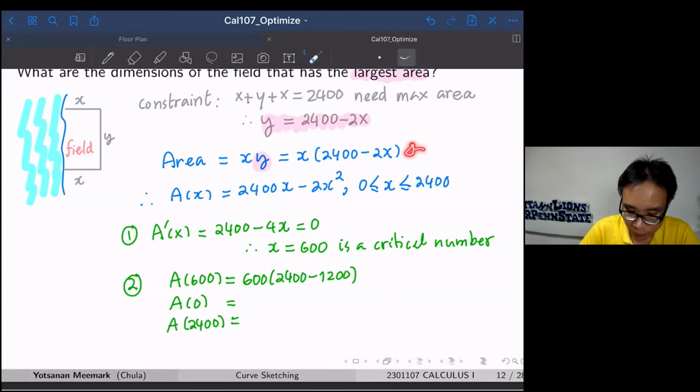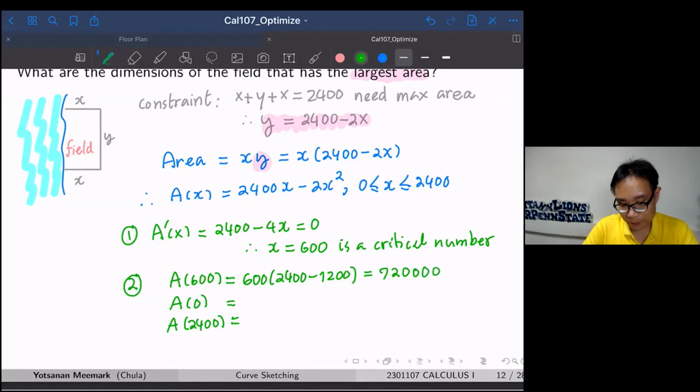So in this case, you get 12 times 6, so it's going to be 72 and you have 40. Okay, it's correct. And you have 0 here. And for 2,400, it's going to be negative 24 square.